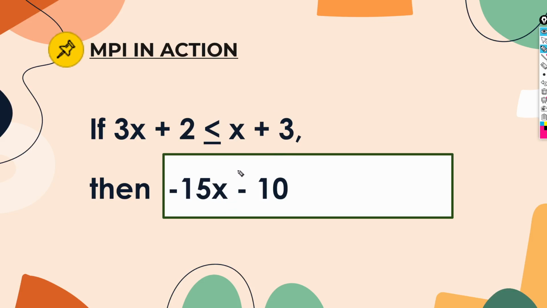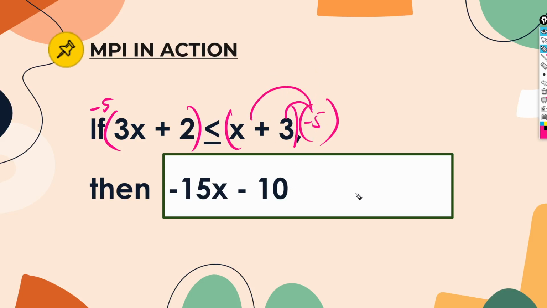Did we multiply something? Yes, mukhang nag-multiply tayo. Ano kaya multiply natin to get from 3x plus 2 to become negative 15x minus 10? Right. Ang multiply natin ay negative 5. So, dapat mag-multiply din ako ng negative 5 dito. Sabi ng MPI. Diba?